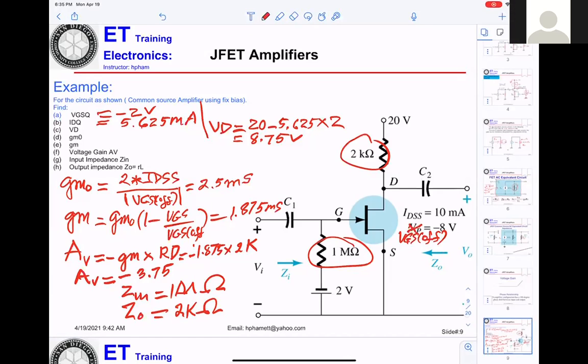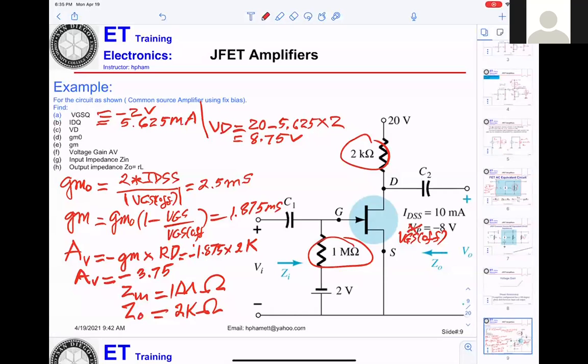Go ahead. So basically, in this circuit, the gain is determined by minus GM times RD. It is very clear to me what RD is, but it is not clear what minus GM represents on this circuit, which portion of the circuit.